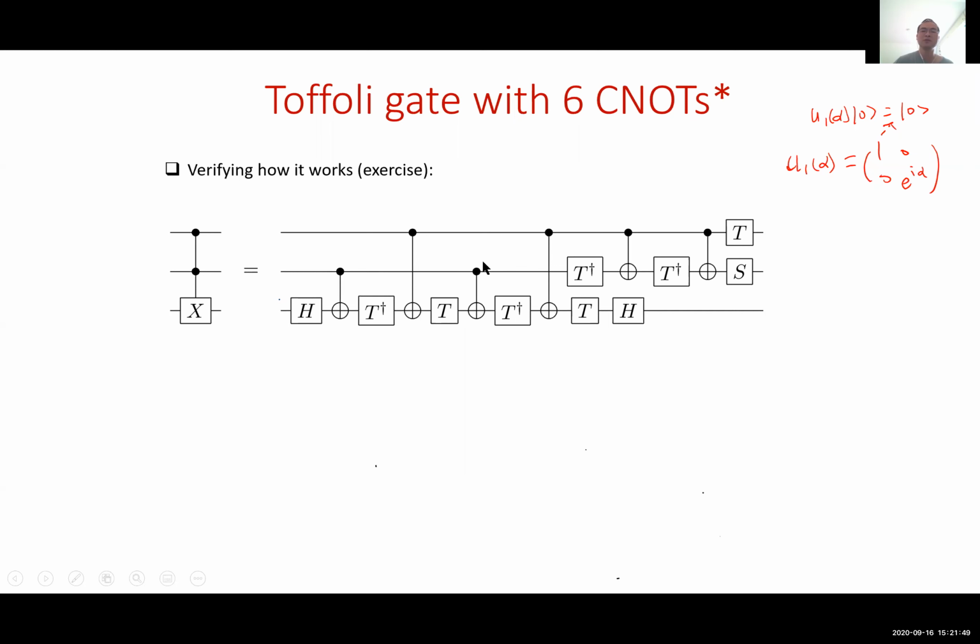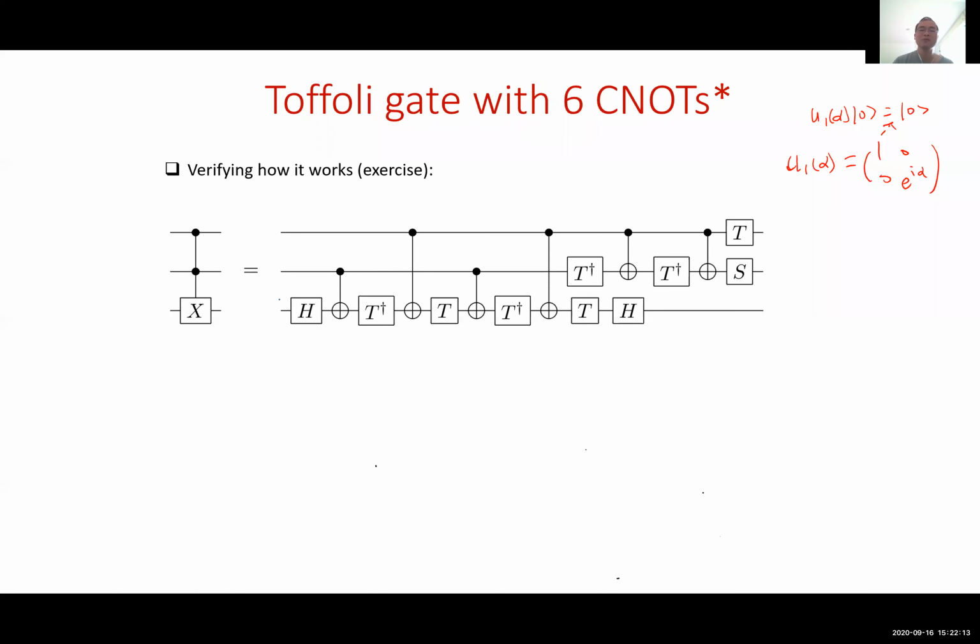So 1, 2, 3, 4, 5, 6. So 2 fewer than the previous construction. Although the previous construction is general, it's not necessarily restricted to the Toffoli gate. This particular circuit identity gives you CNOT's implementation of Toffoli gate.